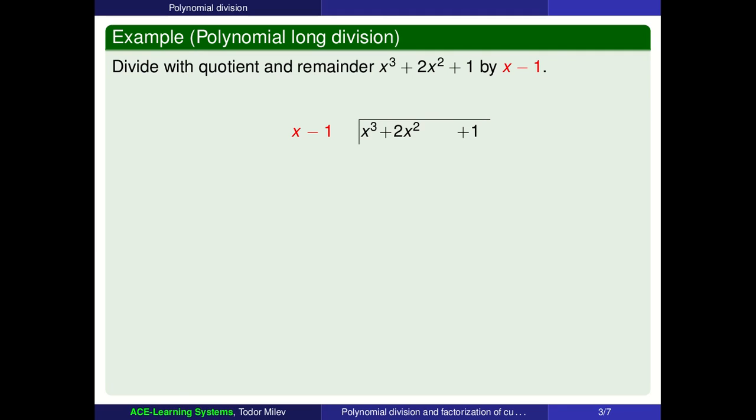So here's the procedure that we're going to do. First, we identify the highest order term in the dividend, that is x cubed, and we identify the highest order term in the divisor, that would be x.